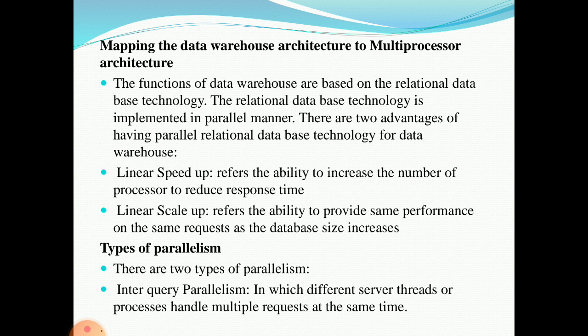And the next step is mapping the data warehouse architecture to multiprocessor architecture. Here the functions of the data warehouse are based on relational database technology, and the relational database technology is implemented in a parallel manner.